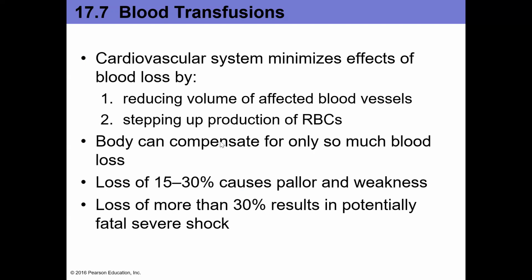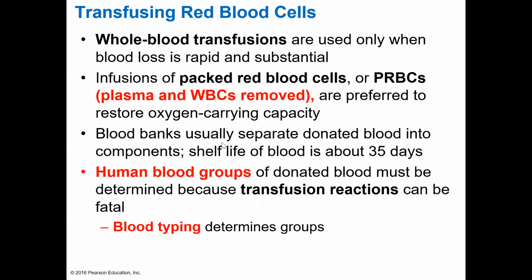So we need to give them the right blood group, and that's why we have blood grouping techniques that we use to find out what the blood group is. Giving the wrong blood can be disastrous. It can cause a really bad reaction, it can cause hemolysis, it can cause shock, it can even cause death.